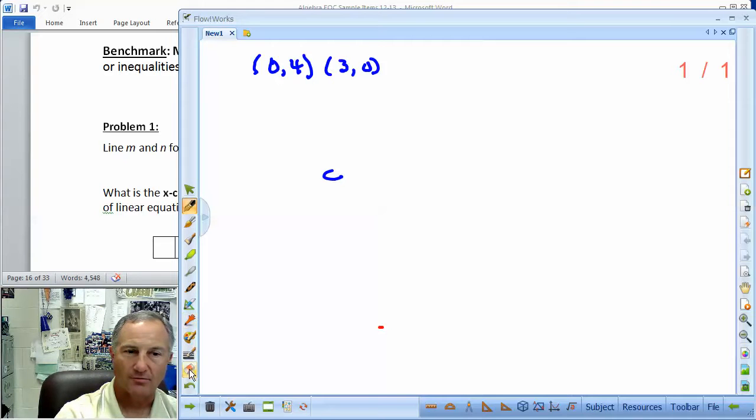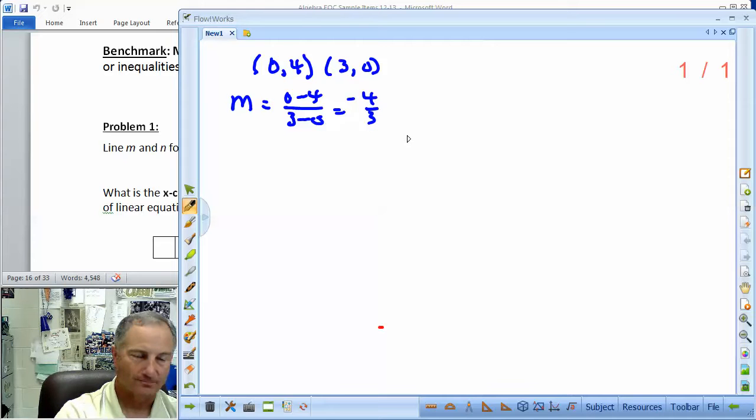I'm going to try to find the equation of that line. We start out by finding the slope first. So 0 minus 4 over 3 minus 0. I'm going to get negative 4/3.